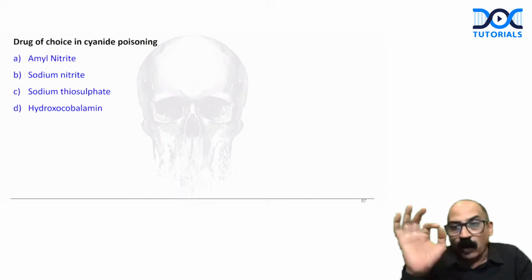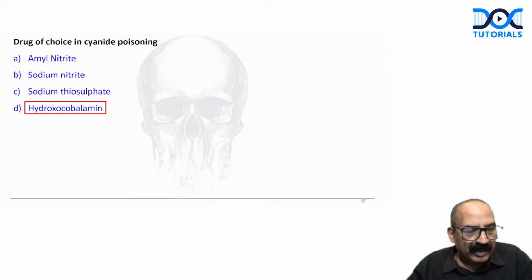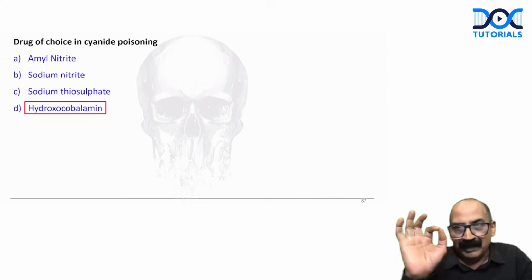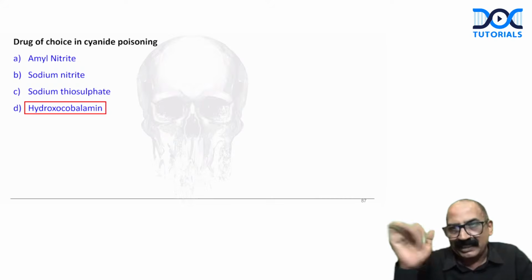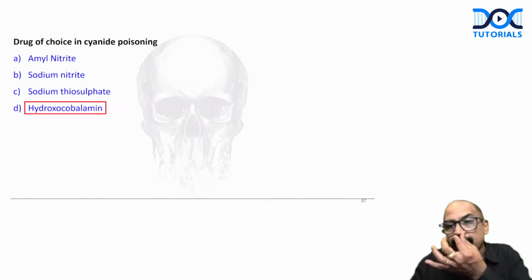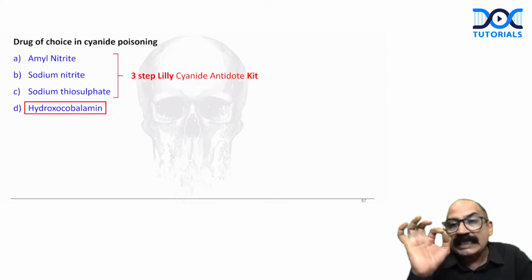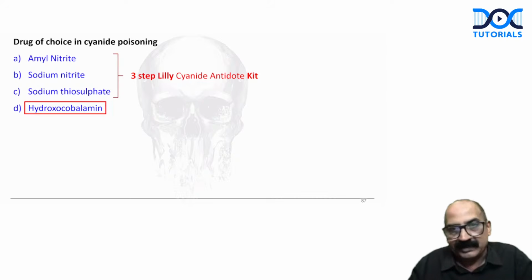And drug of choice, according to FDA, is hydroxocobalamin. Hydroxocobalamin is the drug of choice. And remember here, there is the three-step Lilly cyanide kit, which contains amyl nitrite by inhalation, sodium nitrite by IV, sodium thiosulfate by IV. That is known as the three-step Lilly cyanide antidote kit.